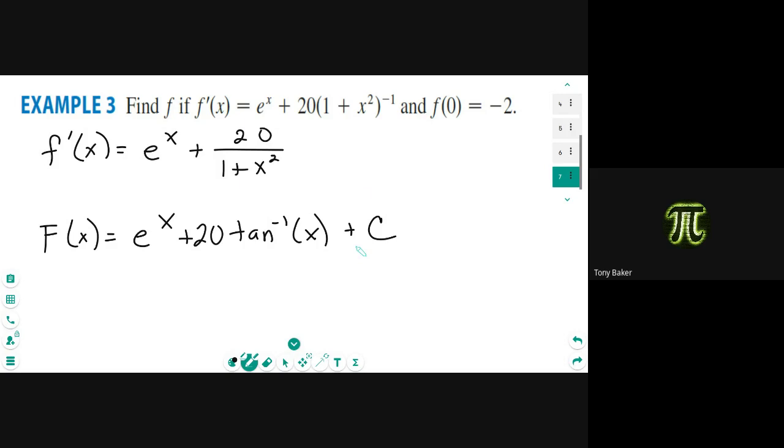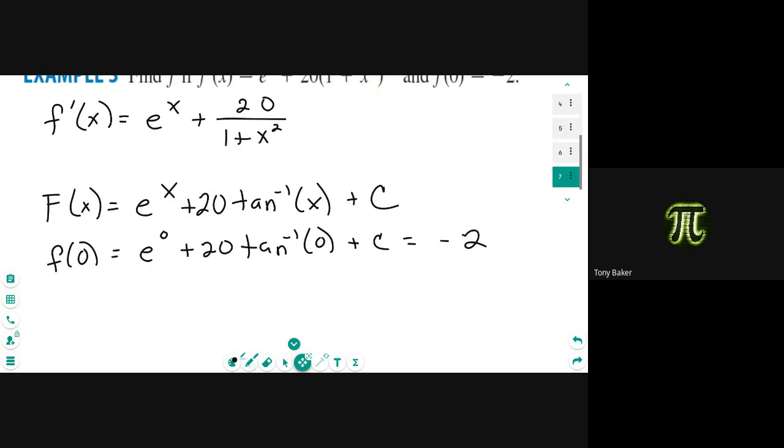How we got that. We have this information. We're going to plug it in. So I know f of 0. So I have e to the 0 plus 20 times the arctangent of 0 plus c equals -2. So what's e to the 0? What's the arctangent of 0?